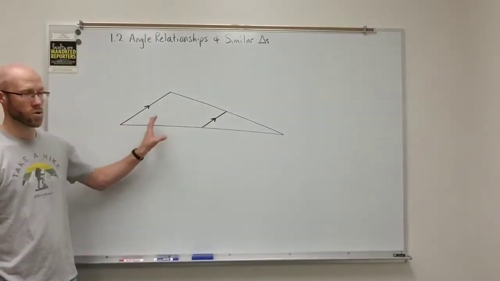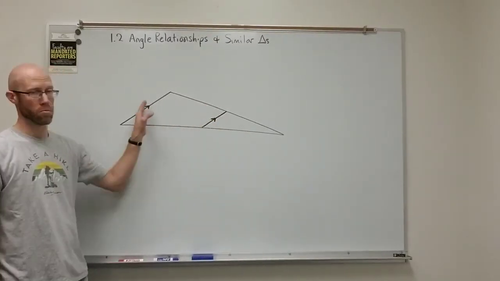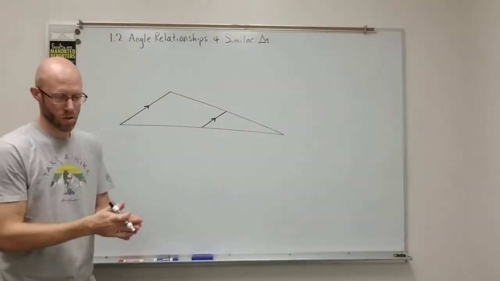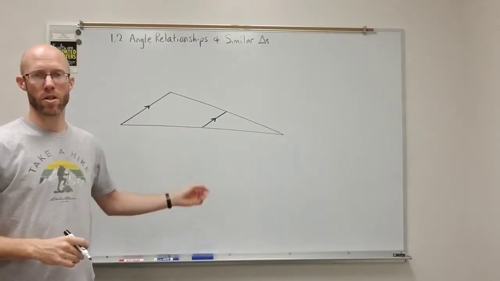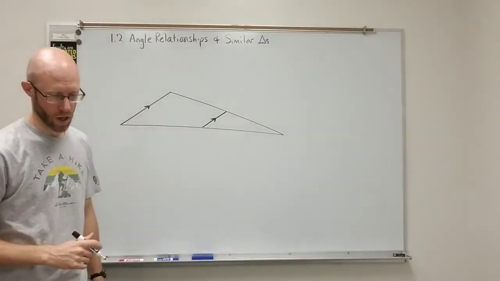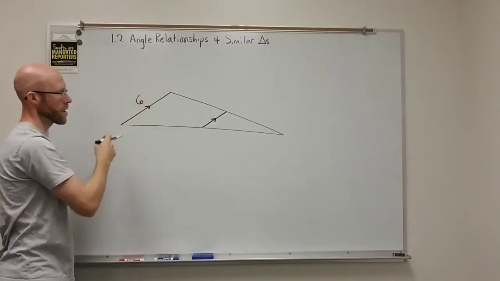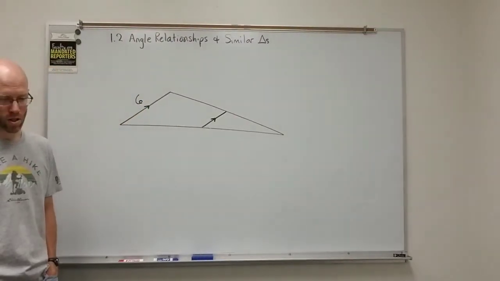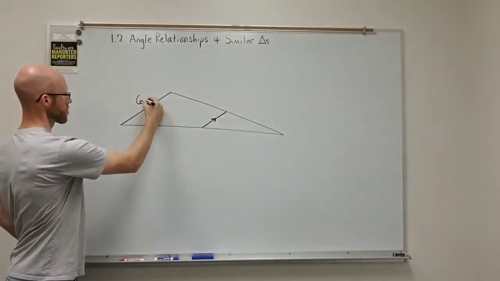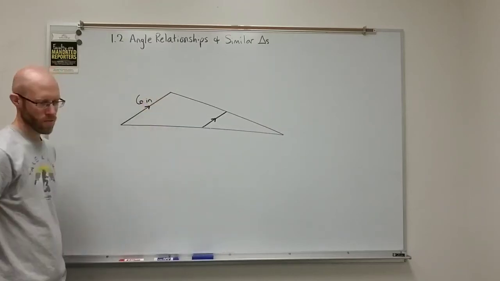Then we know that they're similar triangles, the small one and the big one. All right, so let me put some side measurements on there and we'll calculate an unknown side. Let's say that we knew the left side of the big triangle was 6 units. Let's put some units on it. Let's say 6 inches.